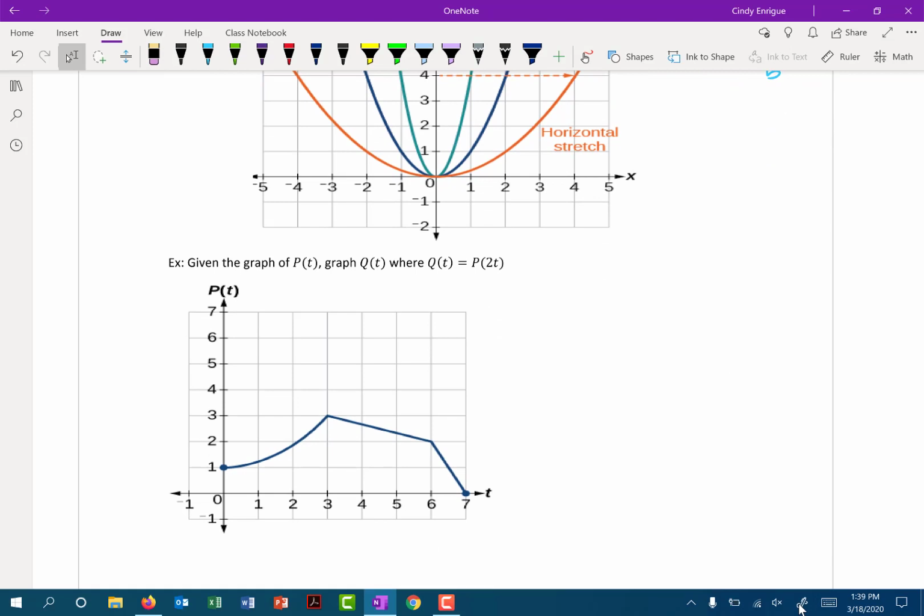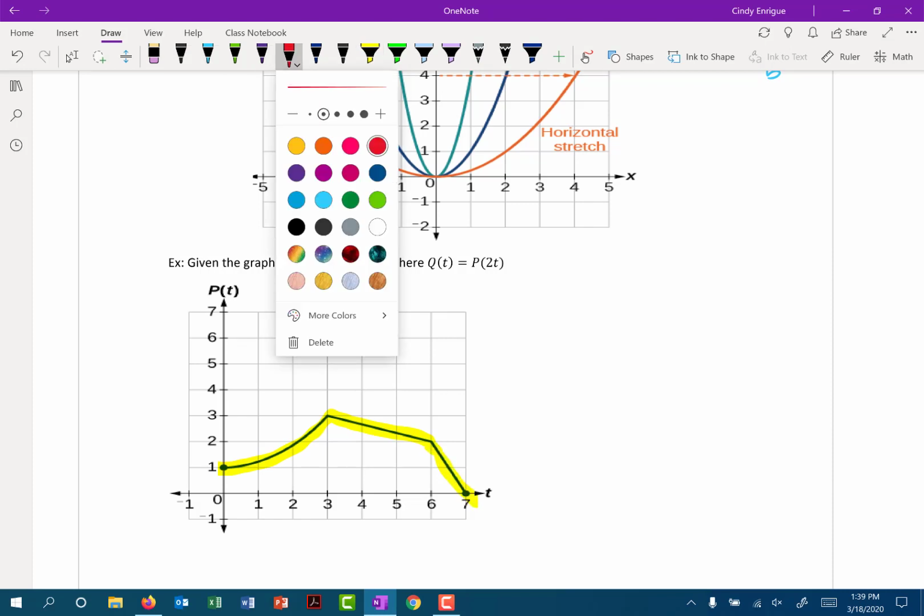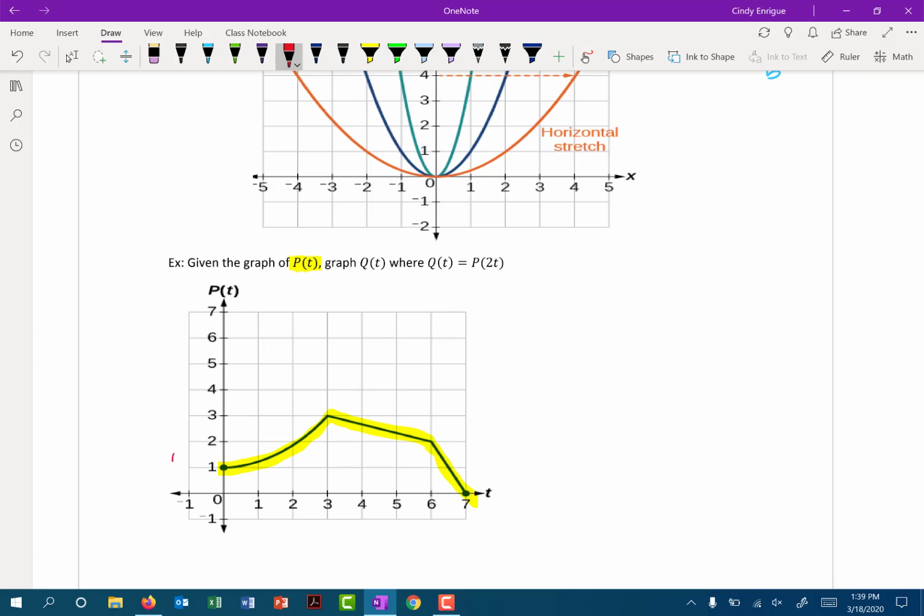So it's the same graph as before. Well, almost. So we still have our P of t, and here's my original graph of P of t. So again, I'm going to go ahead and write down these points. I'm going to have here 0, 1. I have this point as 3, 3.